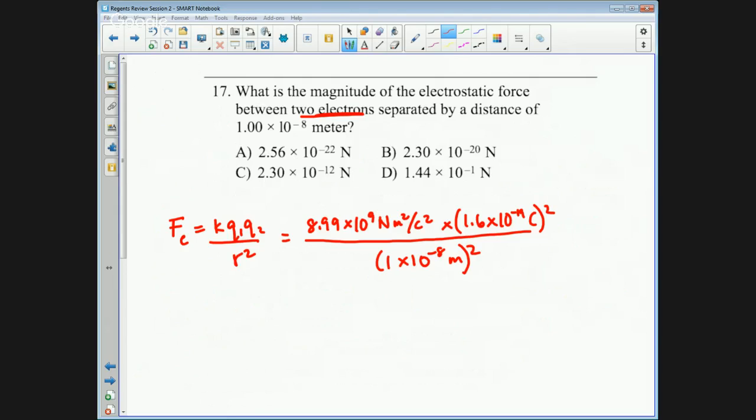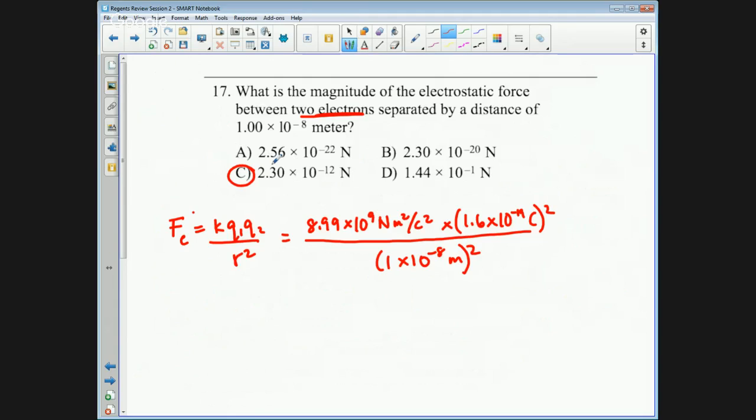Students definitely sometimes forget to square that denominator. So we're going to get 8.99 times 1.6 times 1.6. And so I get a value of 2.3 times 10 to the negative 12.